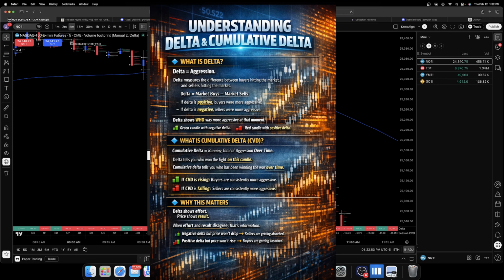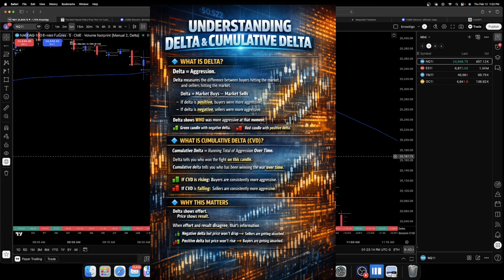I go to volume footprint. The only thing I'm interested in is the delta, which is this top line down here, and the cumulative delta is here. Let me explain it to you just a little bit.